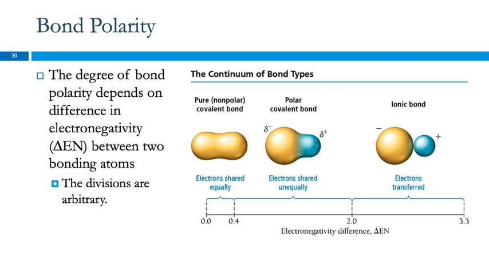These divisions here are arbitrary. It's what scientists decided on. So if the difference is between 0 and 0.4, so there could be a little difference, we still say it's nonpolar. If the difference in electronegativities is between 0.4 and 2, we say that's a polar covalent bond. If it's above 2, we say it's ionic.